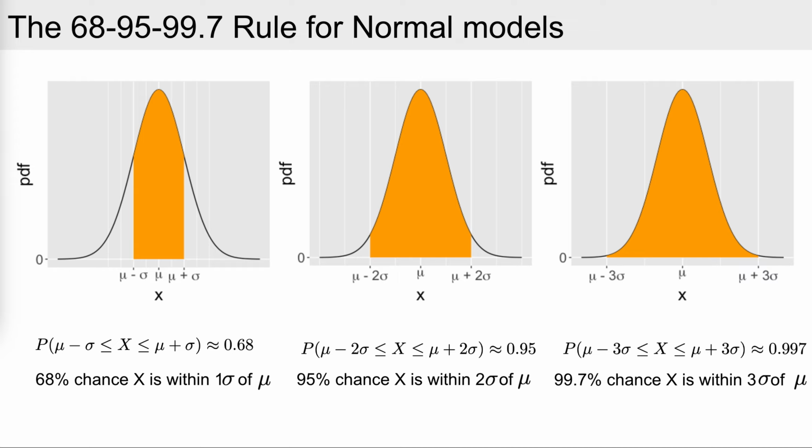Stepping back from the details, this rule helps us understand the connection between the sigma parameter and the spread of typical x values. It's also a handy way to quickly approximate normal probabilities without grabbing for a computer.